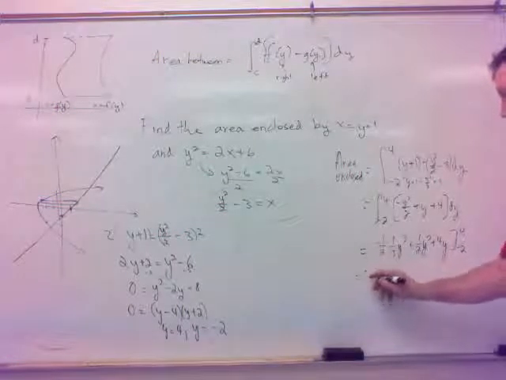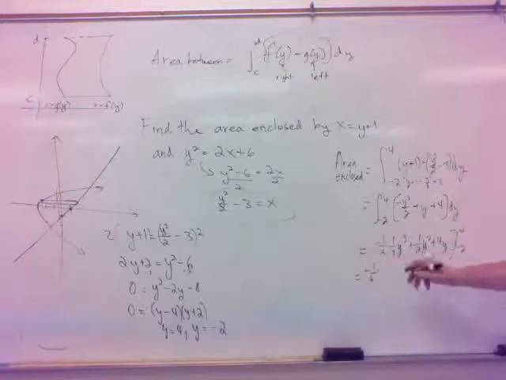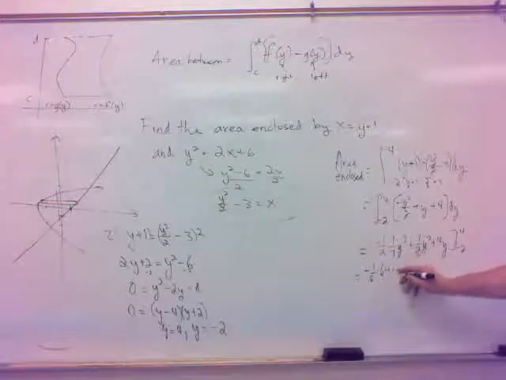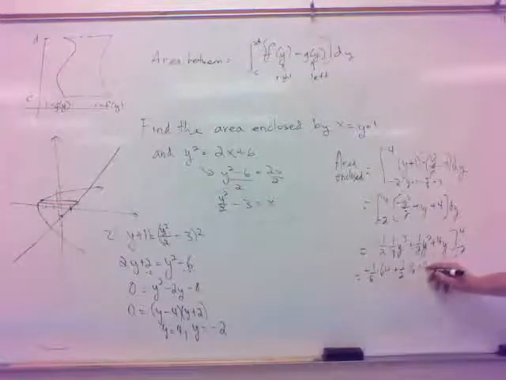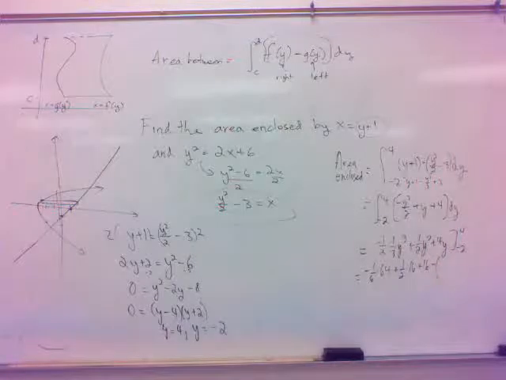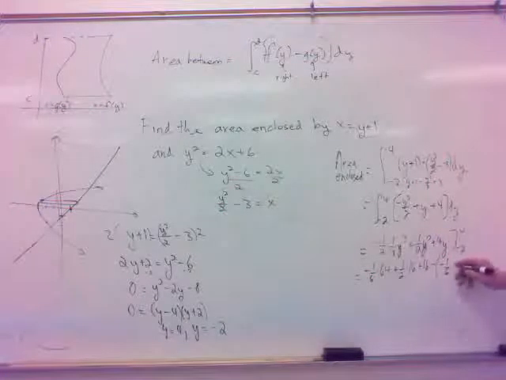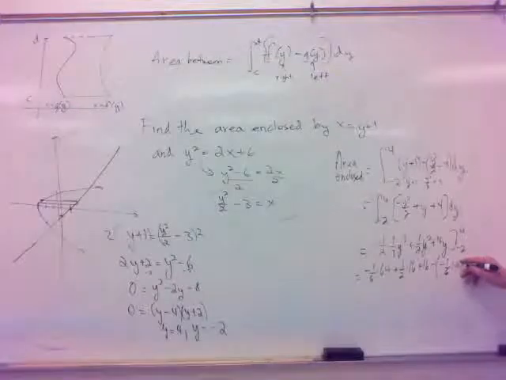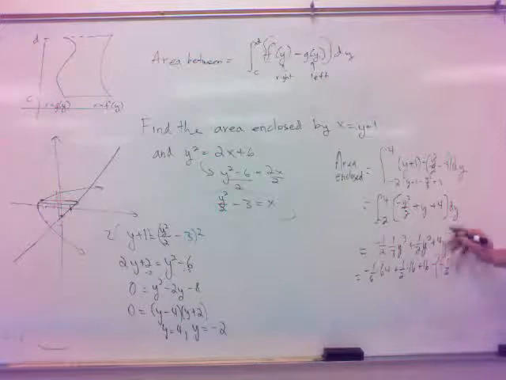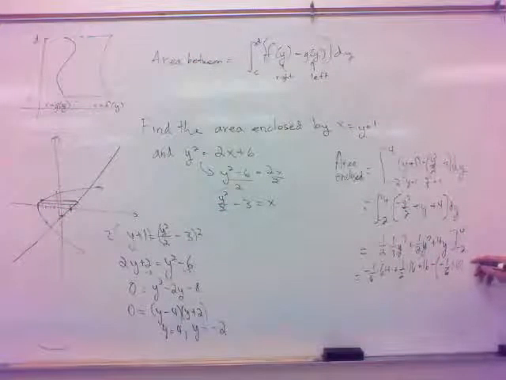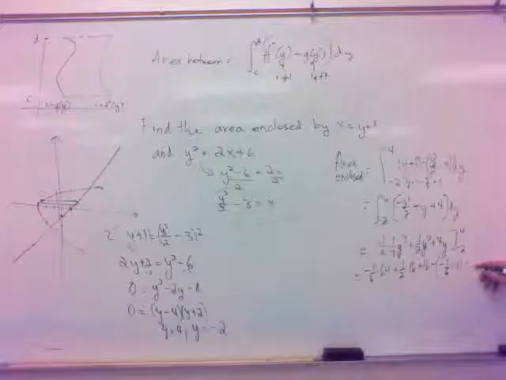So I have negative 1/6 times 4 cubed is 64. 1/2, 16 plus 16, minus negative 1/6, negative 8, 1/2 negative 2 squared, so it'll be 1/2 of 4, which is 2, minus 8.